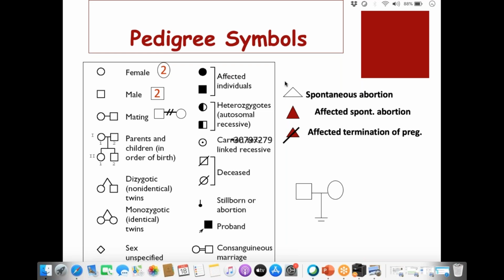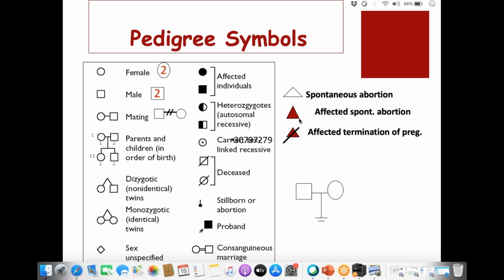Now, this was an abortion. For example, the mother conceived immediately after the birth of a previous child. She doesn't even have time to look after the previous child, and for social reasons, she aborts. But she aborts spontaneously, will be depicted by this triangle.